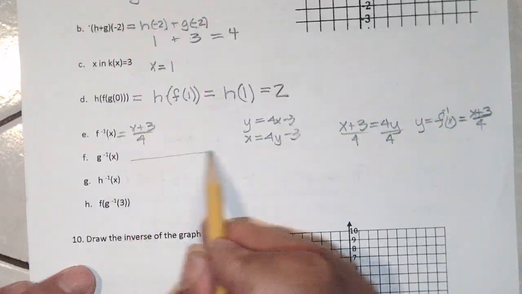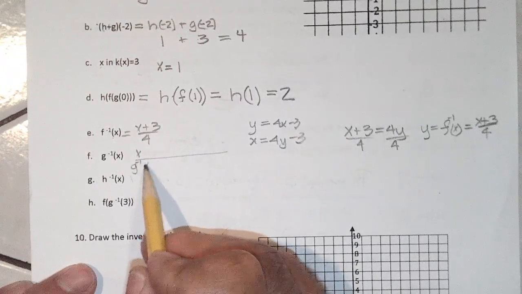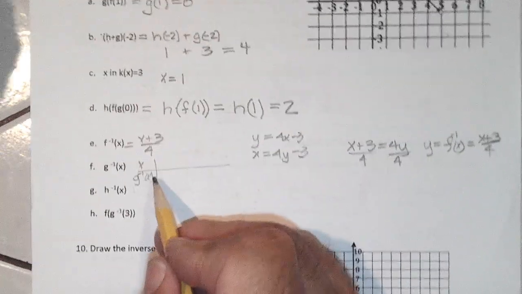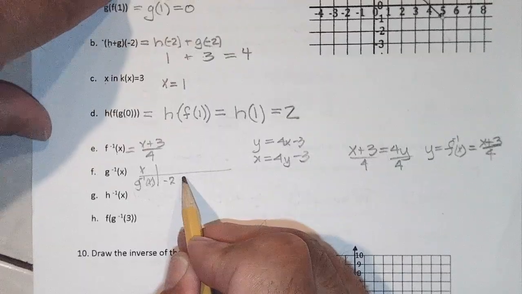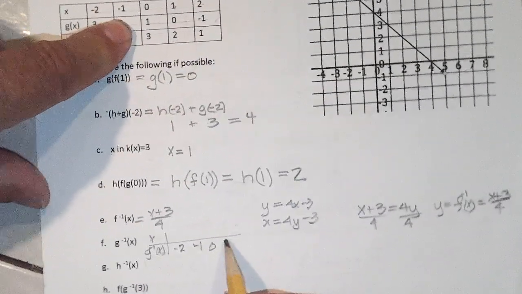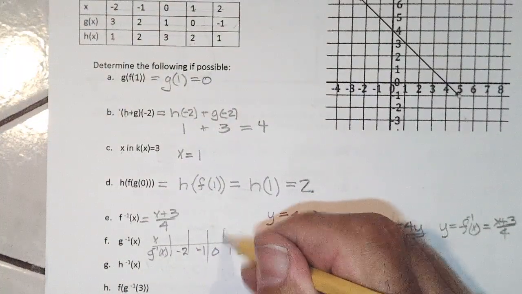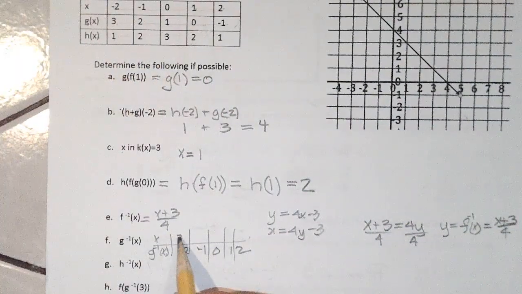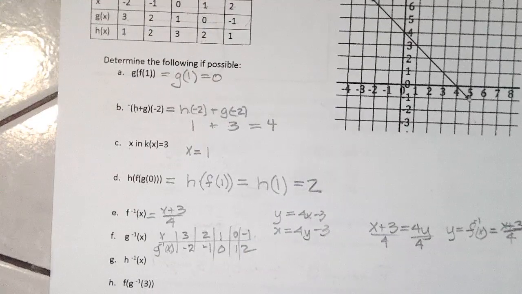So it becomes x and g inverse of x, and the inverse x's are the original g's: minus 2, minus 1, 0, 1, 2, and the inverse outputs are what the x's were, 3, 2, 1, 0, minus 1.